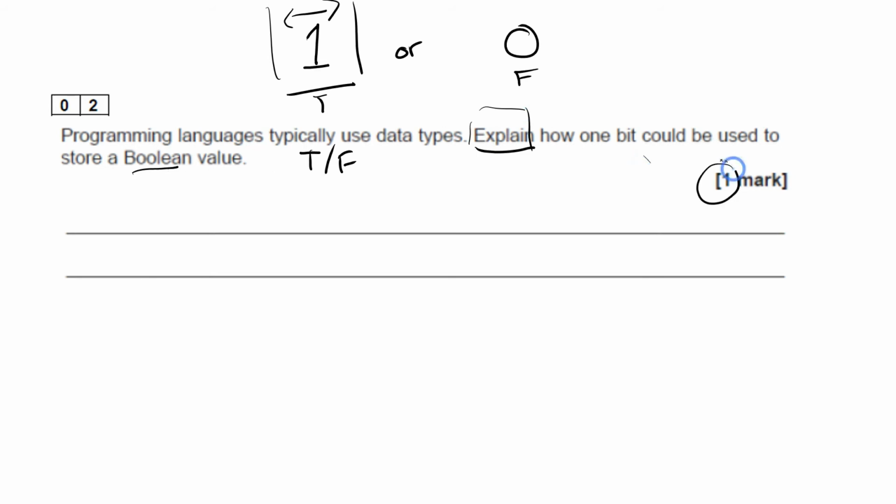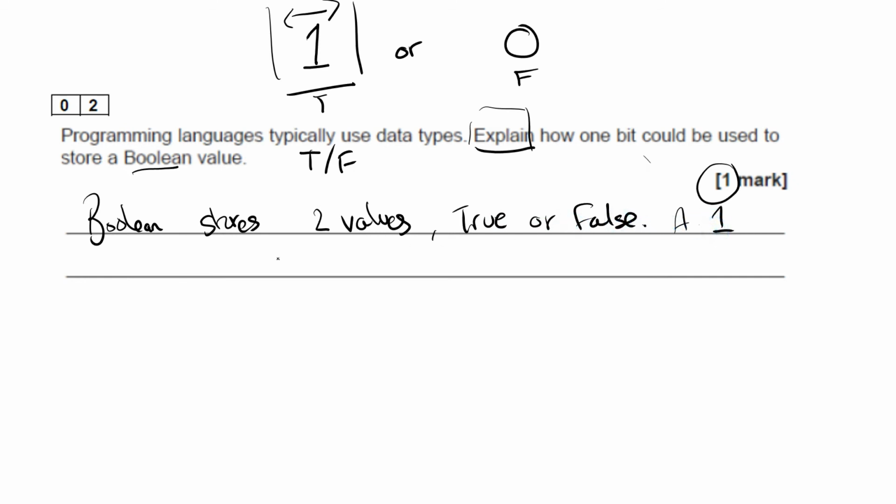So when we're going to explain how 1 bit could be used to store a Boolean value, this is only for 1 mark, so we need to make 1 point. We just need to say that Boolean stores two values, which is true or false.